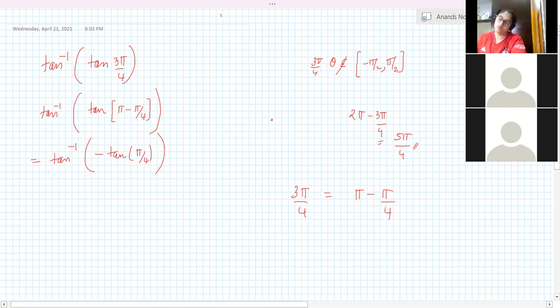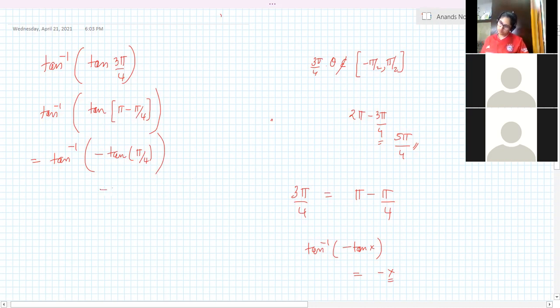Then we see what is tan inverse of minus tan x. It is minus x, right? Tan inverse of minus tan x, we just now learned this identity. It is minus x, provided x belongs to minus pi by 2 to pi by 2.